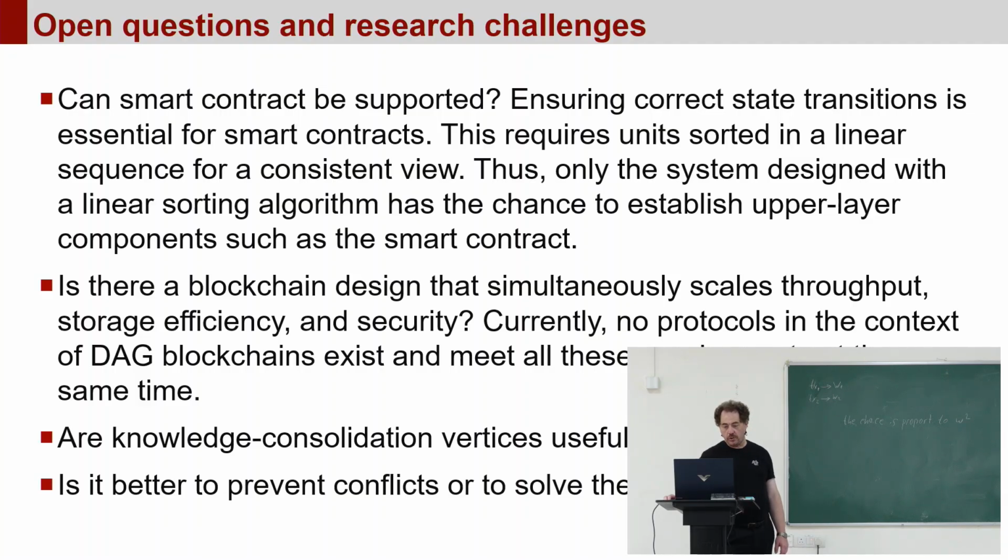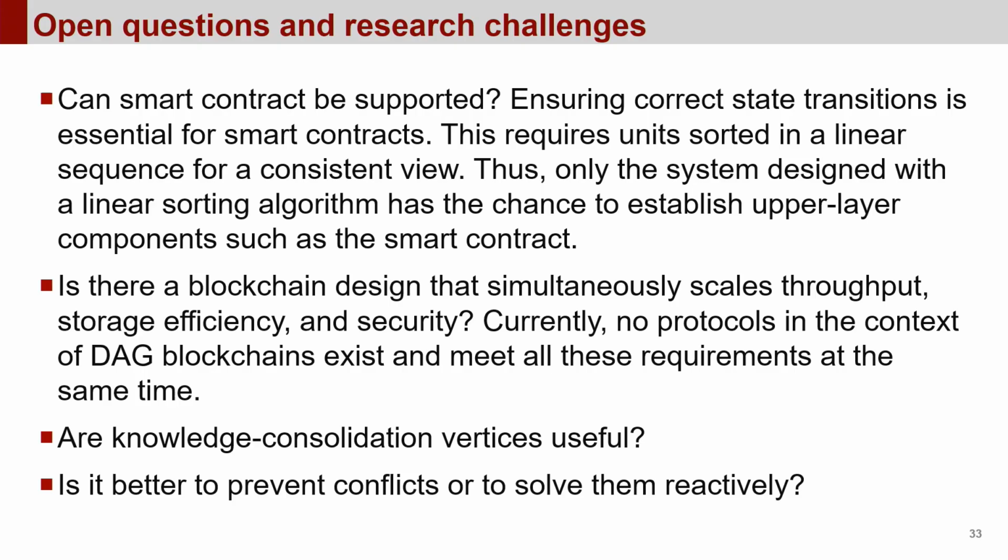Therefore, only a system designed with a linear sorting algorithm has the chance to establish upper layer components such as smart contracts. Next question. Is there a blockchain design that simultaneously scales throughput, storage efficiency, and security? Currently, no protocols in the context of DAG blockchains meet all these requirements at the same time.